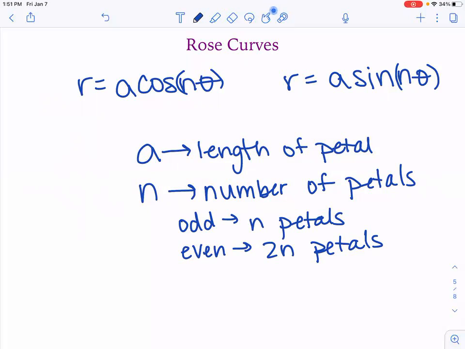Now, what did you determine the difference was between a cosine rose curve and a sine rose curve, or really any cosine versus sine polar curve?